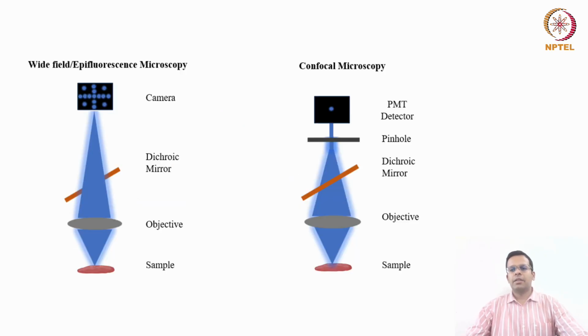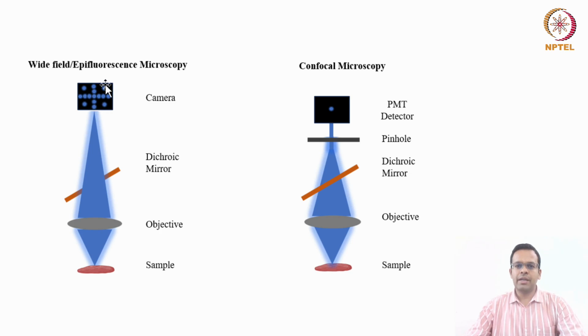Let us see it a little more using a different schematic. So here also you can see the comparison between wide field and confocal microscope. This is the optical configuration of the wide field microscope. Here is your sample, here is your objective lens, this is a dichroic mirror, and the emitted light reaches your detector.